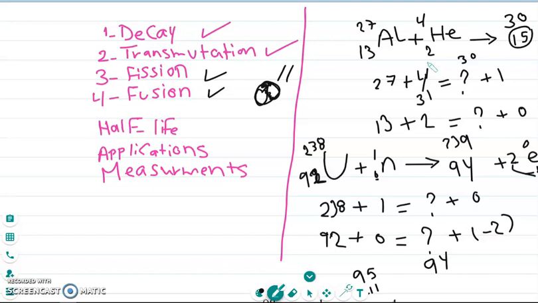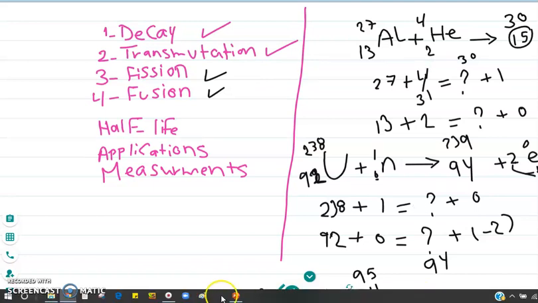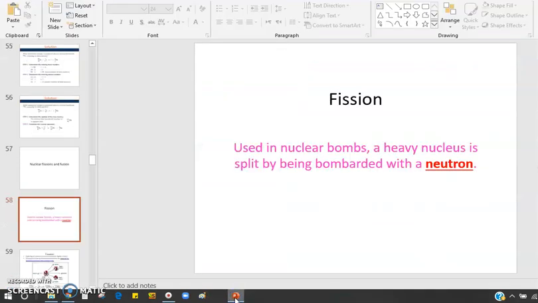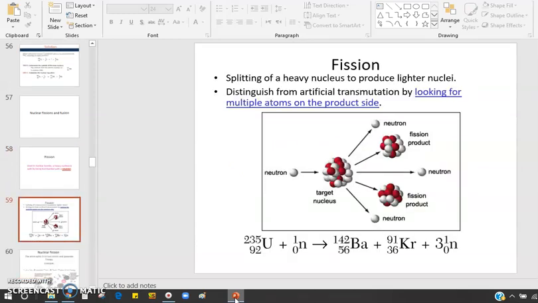So let's go and see what is fission and fusion. So fission is used in nuclear bombs, and heavy nucleus is splitting by being bombarded with a neutron.